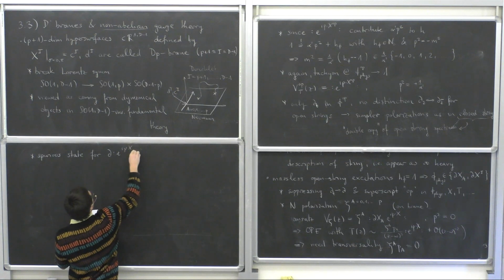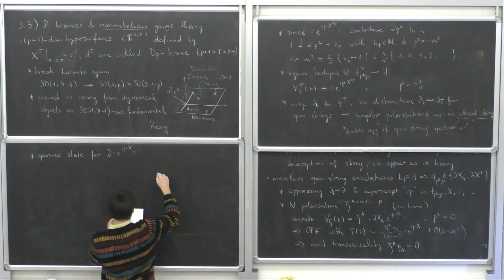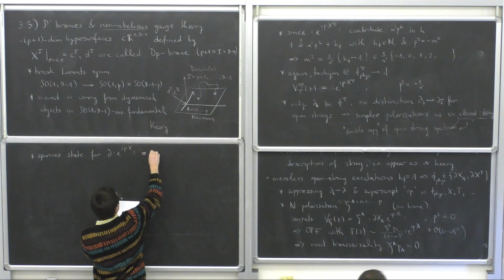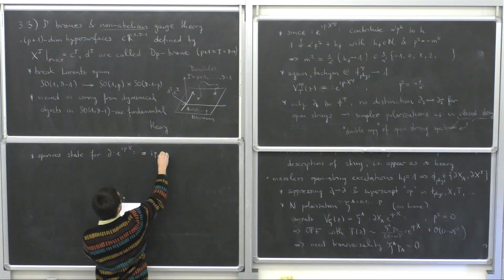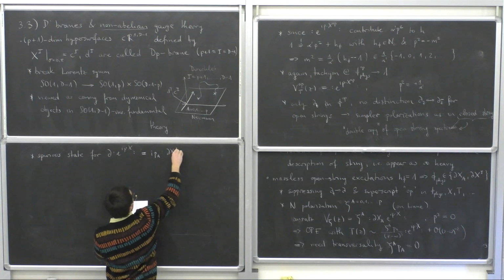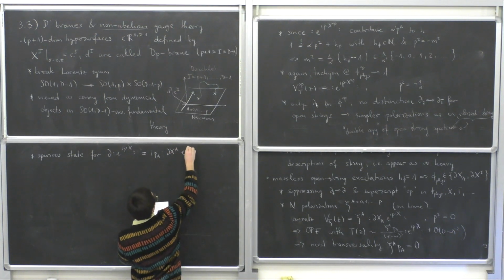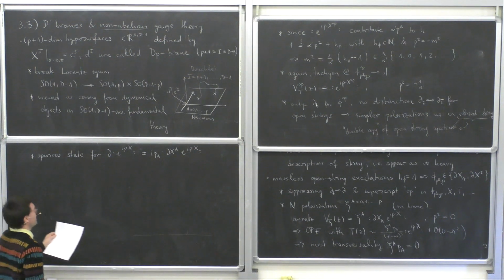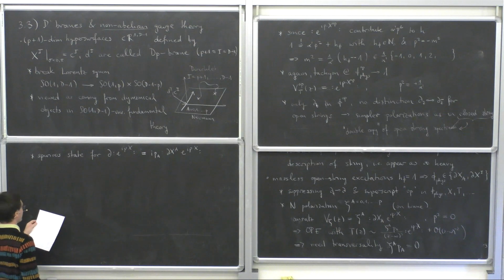And specifically for mass level 1, the spurious states are derivatives of a naked plane wave, which take this form and can be lined up with polarization vectors zeta if you send zeta to the momentum.